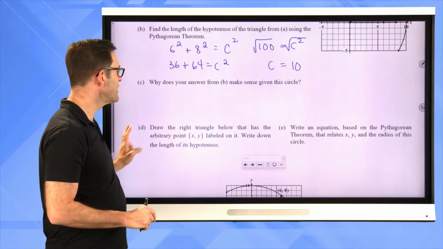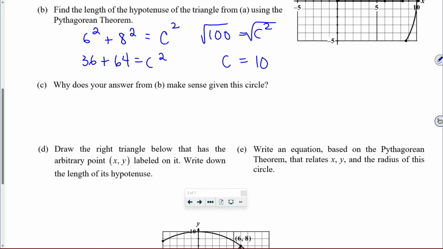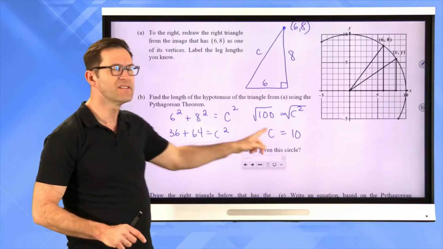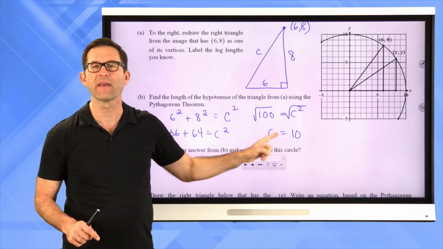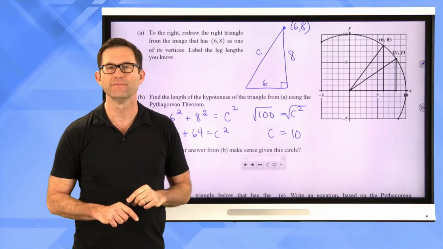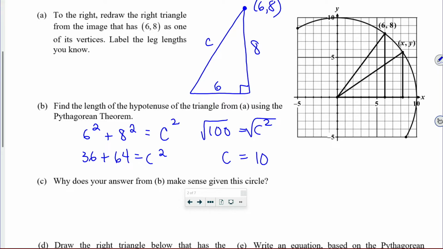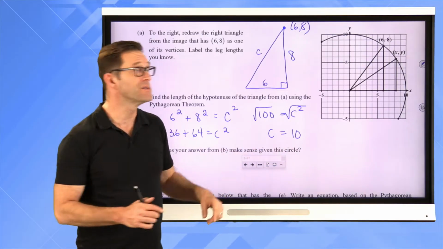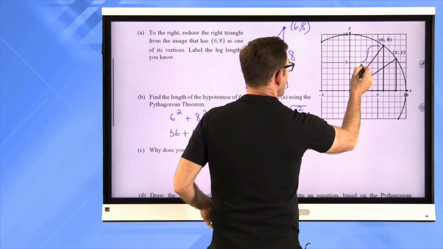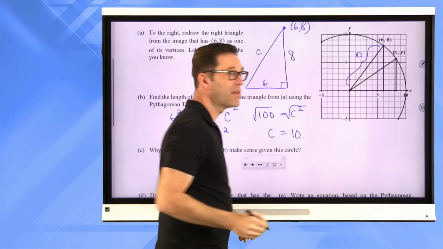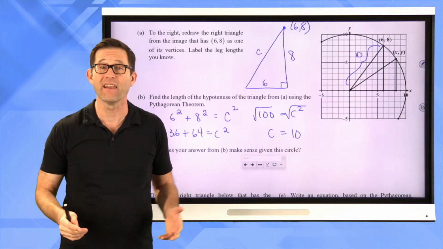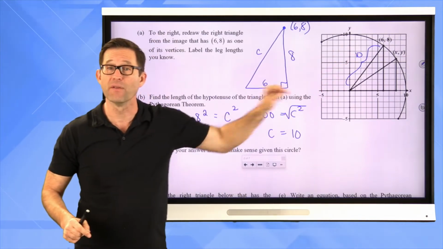Now, letter C. Why does your answer from B make sense given this circle? Why does this have to be the case? Pause the video right now. Well, it makes sense because this length is simply the length of the radius. It had to be 10. If it was anything but 10, then that couldn't have been the radius.